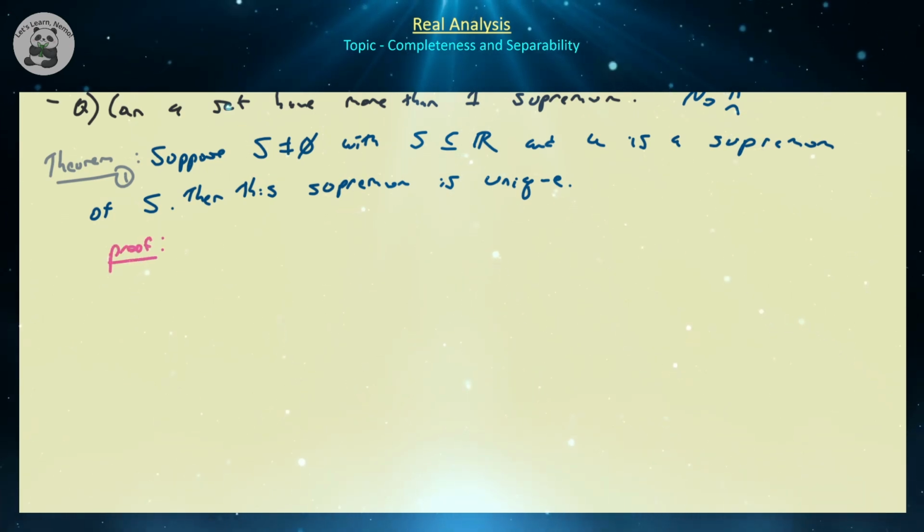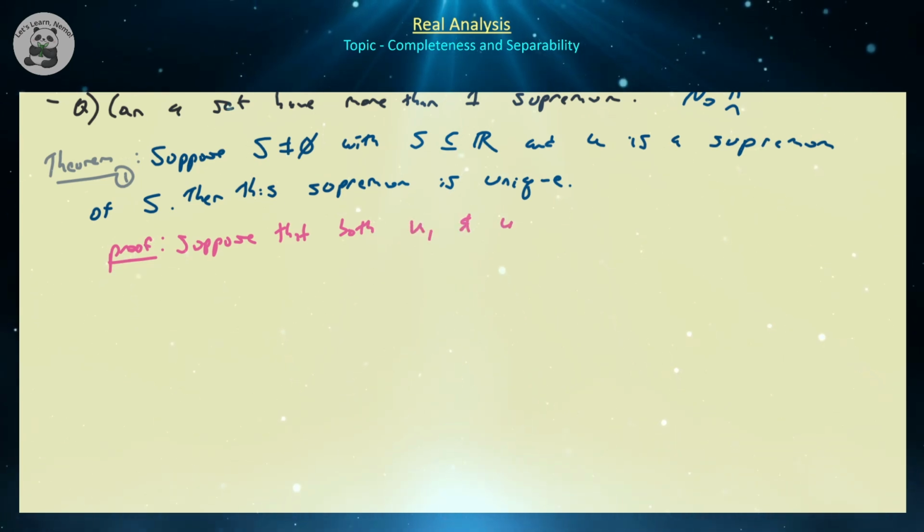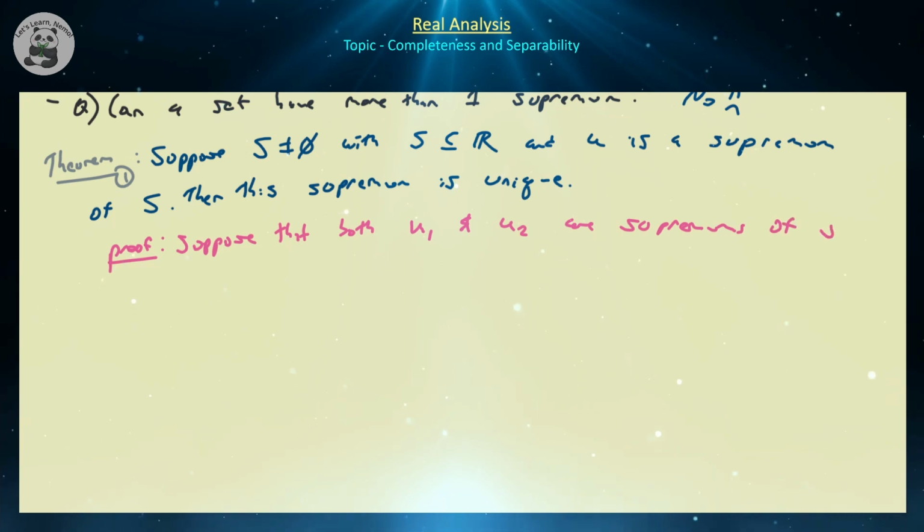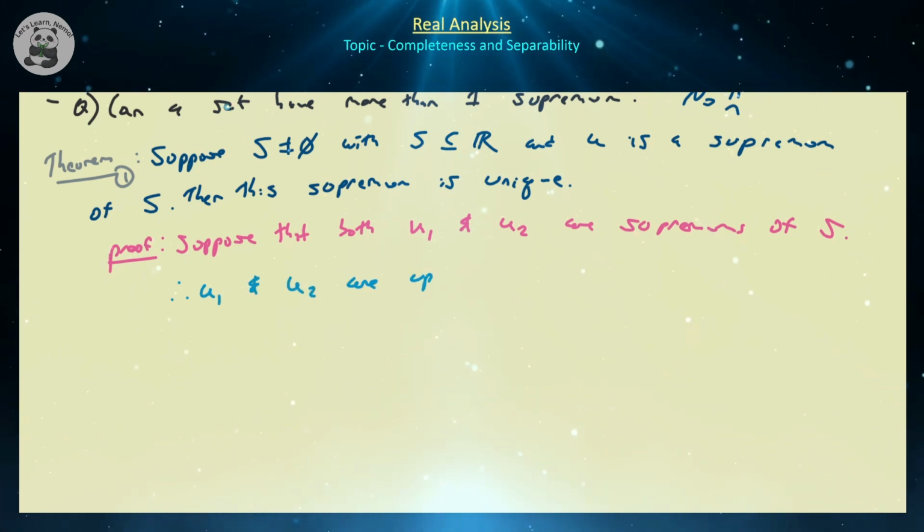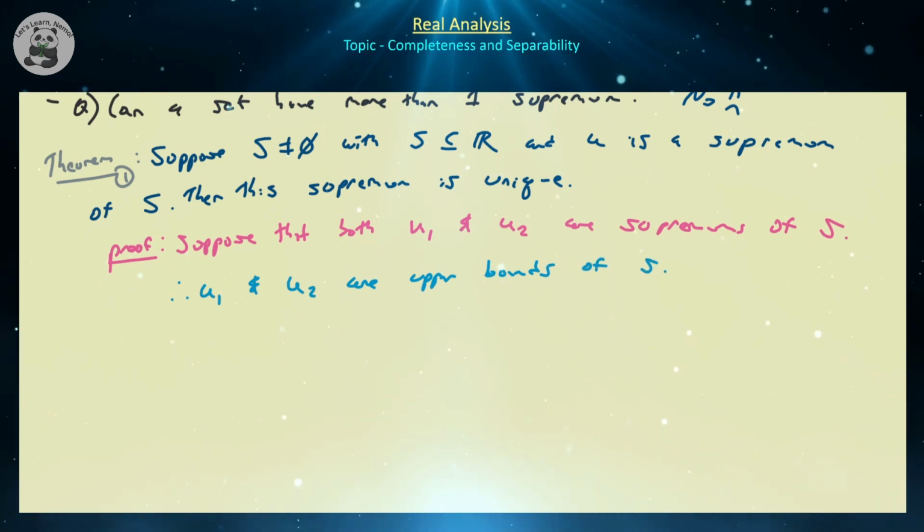Right? So supremums, if they exist, are unique. Let's see if we can go ahead and do this by contradiction. Let's suppose that it does have 2 supremums. So suppose that both U1 and U2 are supremums of S. Right? Since they're both supremums of S, that means that U1 and U2 are upper bounds of S. Because if they're least upper bounds, that means they're also upper bounds.